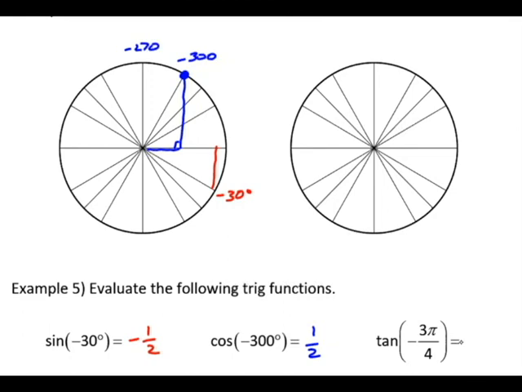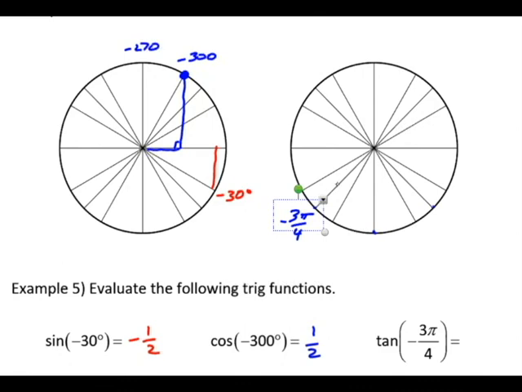Tangent of -3 pi over 4. Let's use radians on the right. 3 pi over 4, okay. Pi over 4 is 45 degrees, so let's count 3 medium-sized wedges. 1, 2, there's -pi over 4, -2 pi over 4, -3 pi over 4. Here's -3 pi over 4.